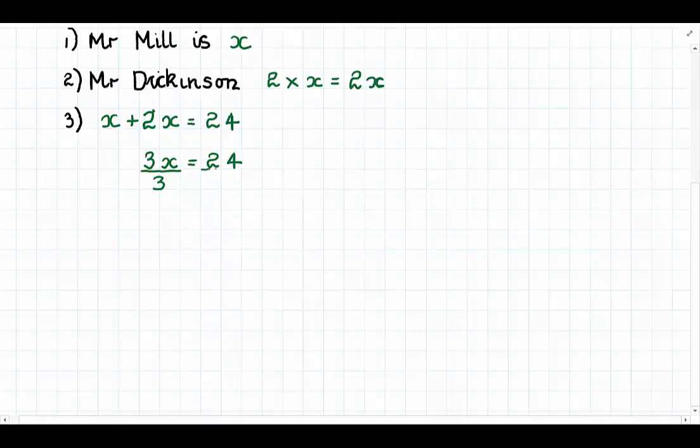So we divide the other side by 3. Three goes into 3 once, leaving us with x. 3 goes into 24 8 times. So now we have x equals 8.